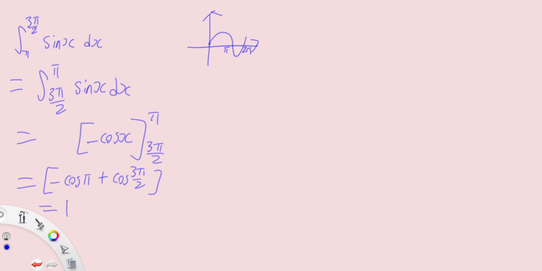Now what happens if you go back to this graph? Let's just use sine x as an example. What happens if you now find the area from 0 to 3 pi over 2? Now it's kind of different, because you have a mix of positive area here and negative area here.